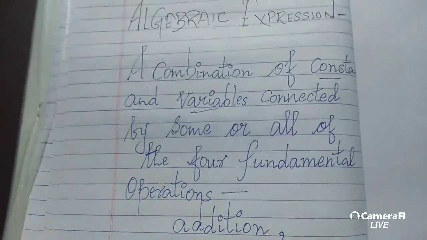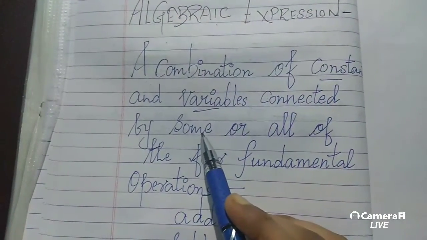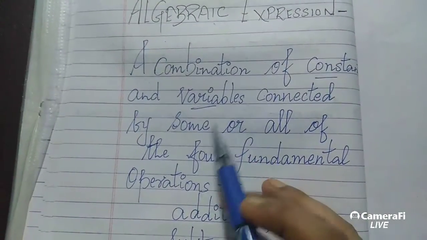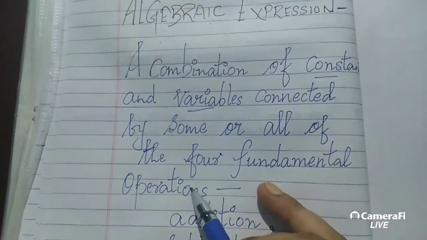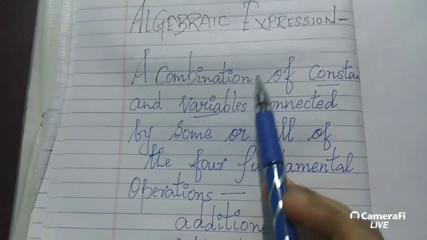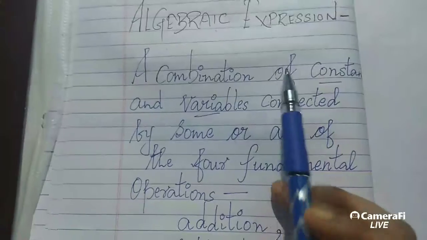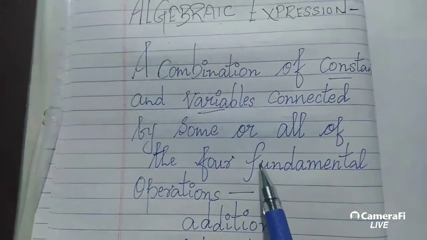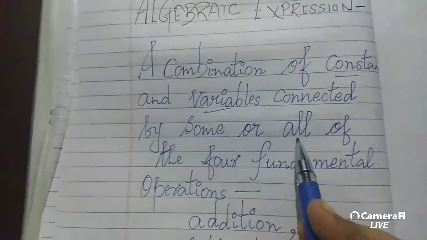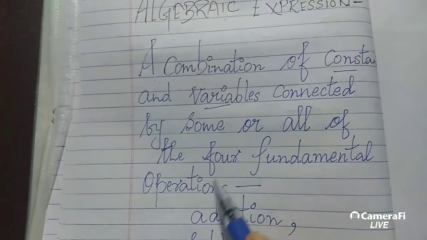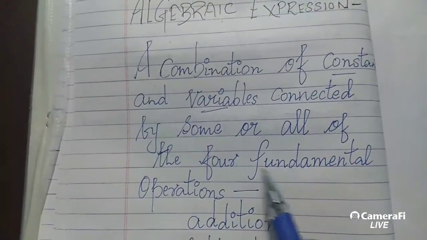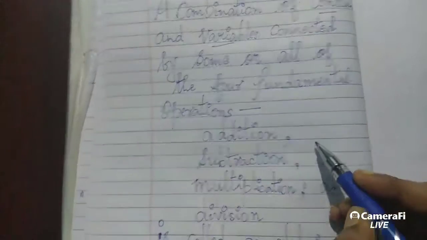But how are they connected? They are connected by some or all of the four fundamental operations. The constants and the variables are connected with the help of some or all of the fundamental operations. What are the four fundamental operations?